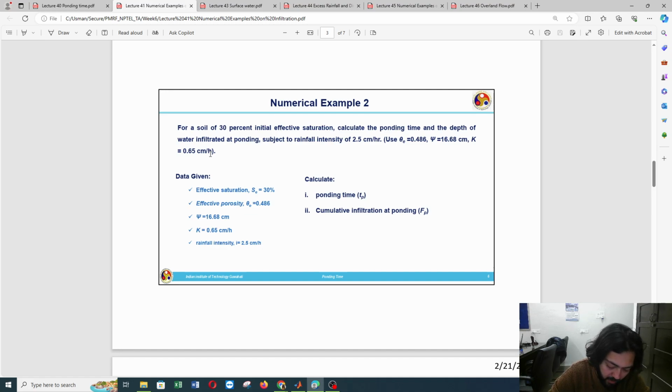First, the ponding time, that is tp, and next, the depth of water infiltrated, which means cumulative infiltration, that is Fp.